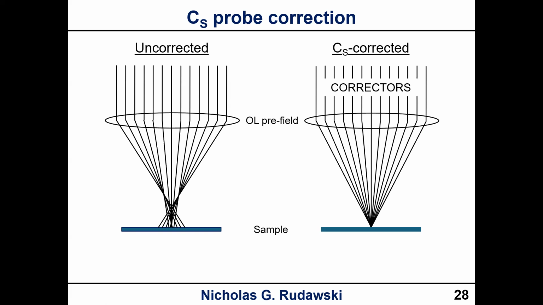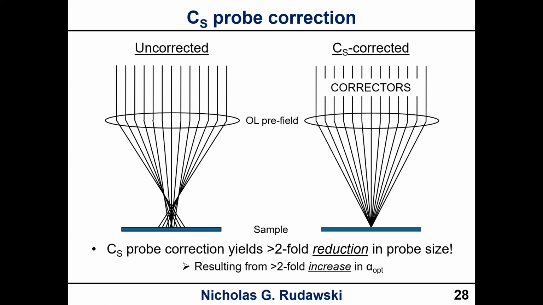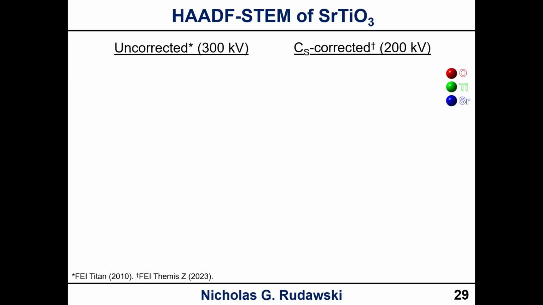There is a limit to this, but we can go some distance away from the optic axis, and we can get basically perfect focusing, okay, where all of those rays basically are focused to the same point on the sample, okay? So because of CS probe correction, we can get basically a twofold reduction in probe size, which results from a basically twofold increase in my optimal value of my semi-angle of convergence, okay? Okay, so if we look at a great example of this, again, using strontium titanate.